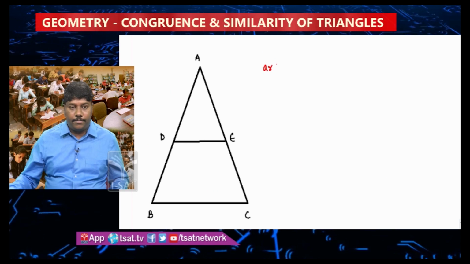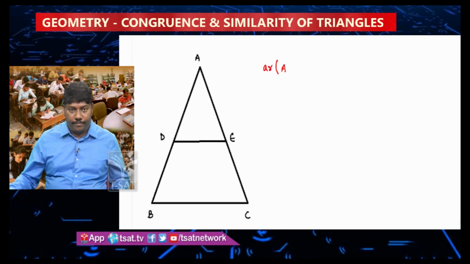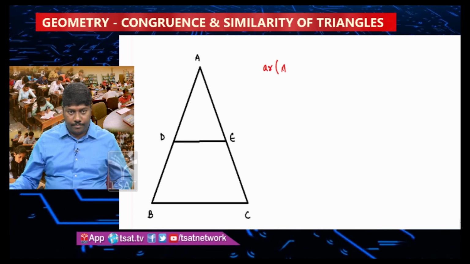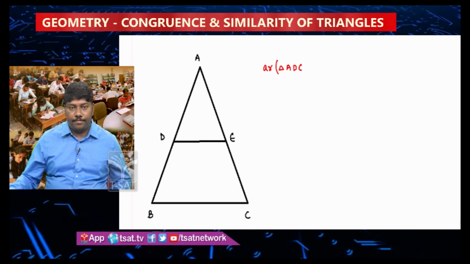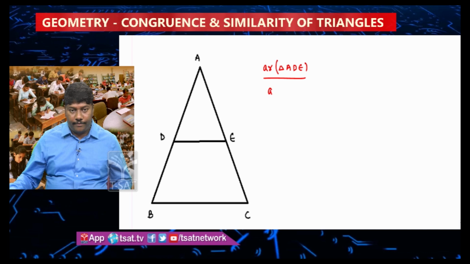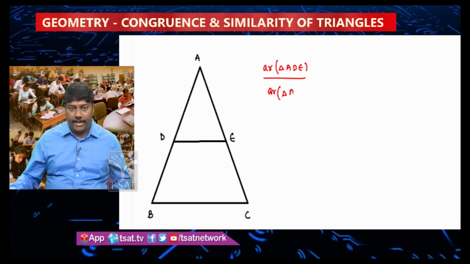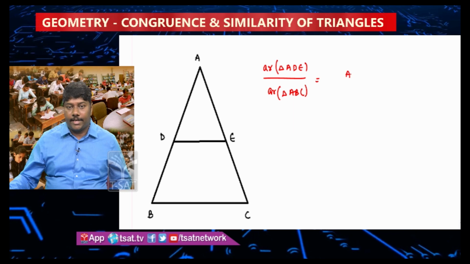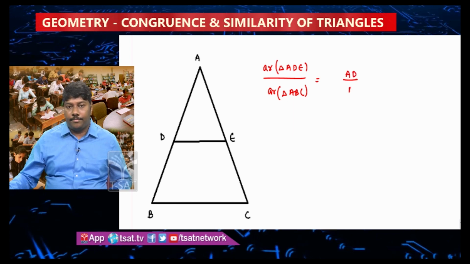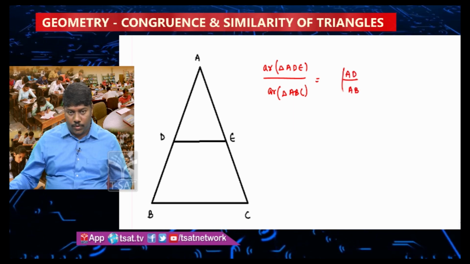And their areas are also very, very important. Area of triangle ADE by area of triangle ABC is equal to, take any side, AD by AB whole square.